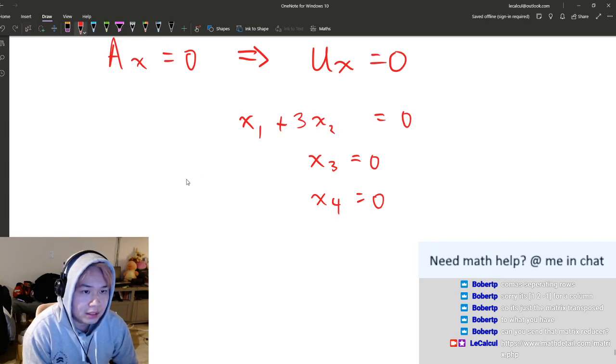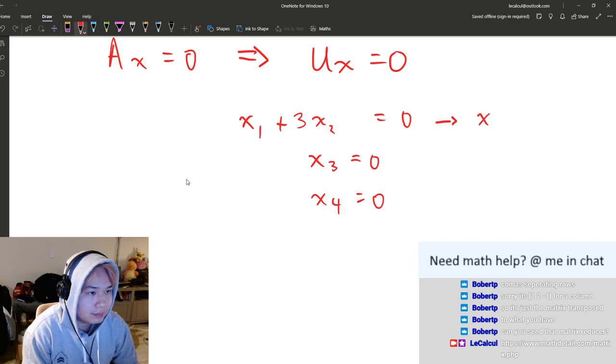So in other words, what does this say? The first equation here implies that x1 is some sort of multiple of x2.